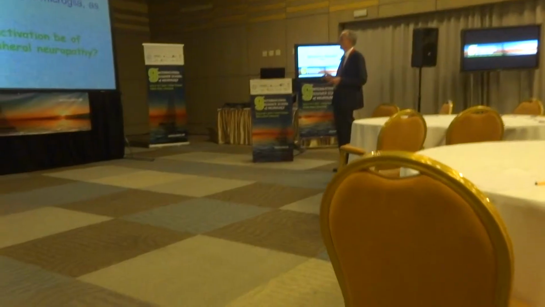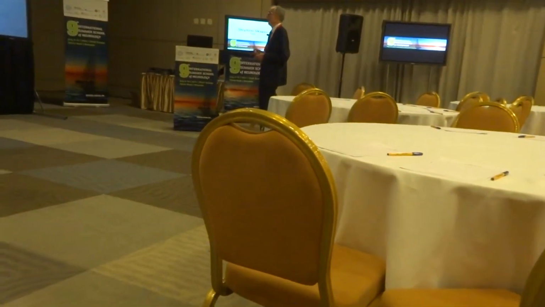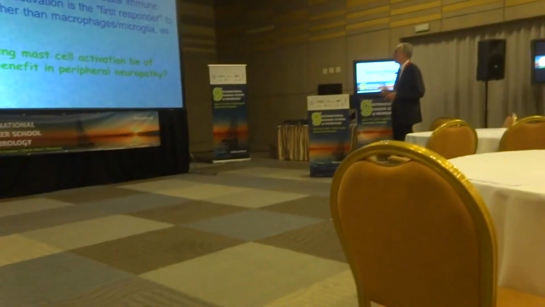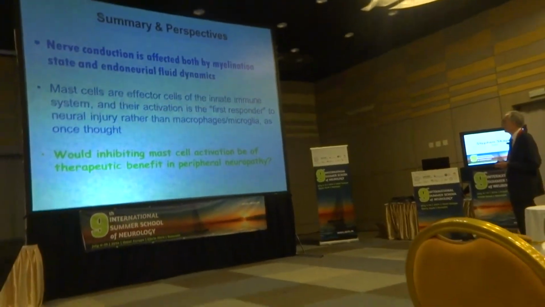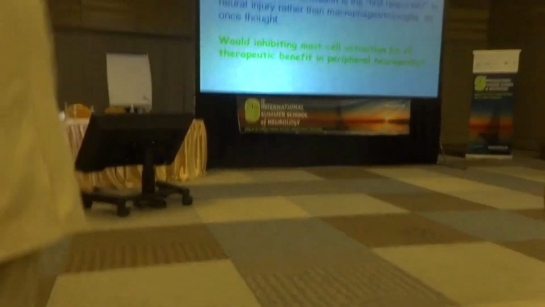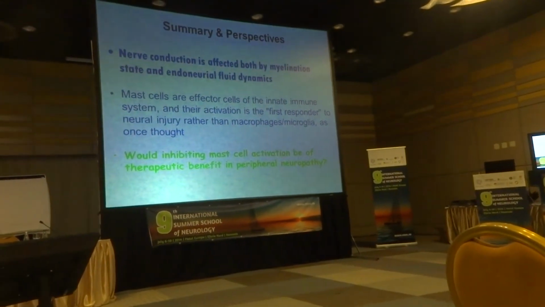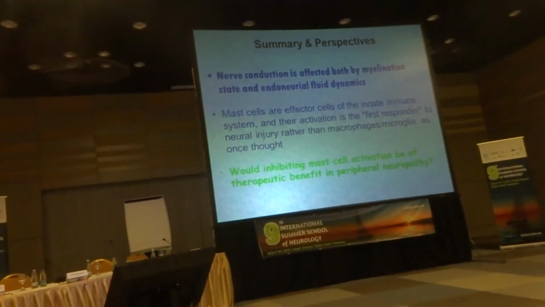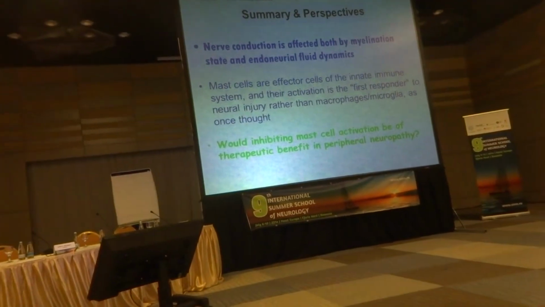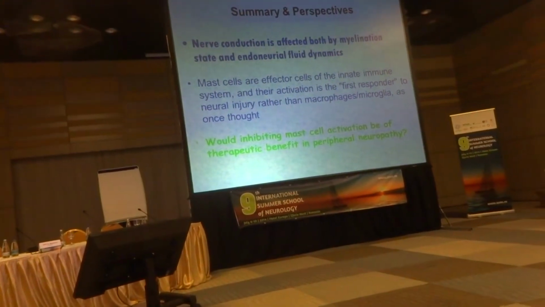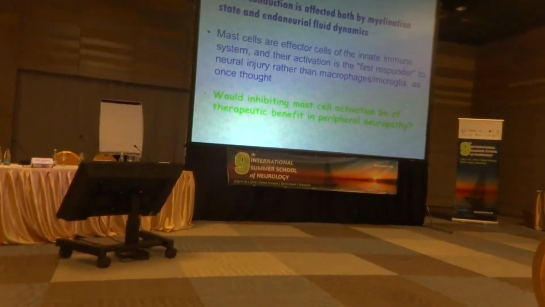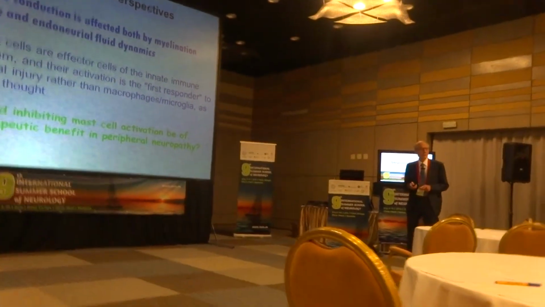You can influence nerve conduction and produce pain. Mast cells are important participants in this. They're early responders. And I think that mast cell activation may be a benefit in treating neuropathic pain. There are actually clinical studies which do demonstrate beneficial effects in chronic neuropathic pain.